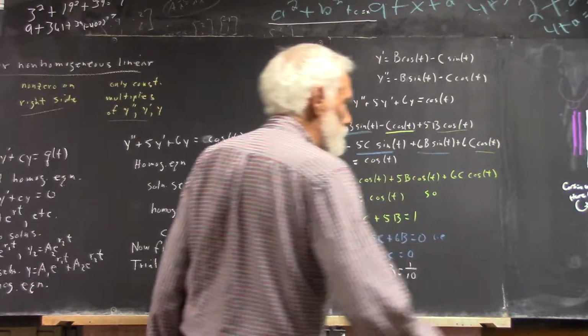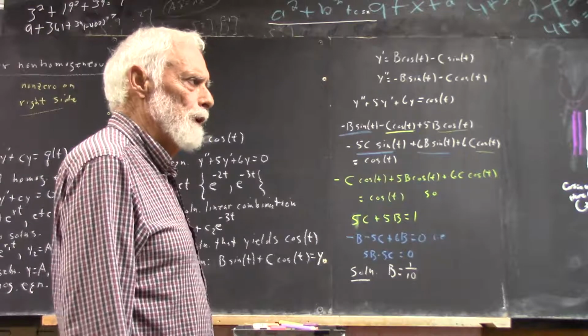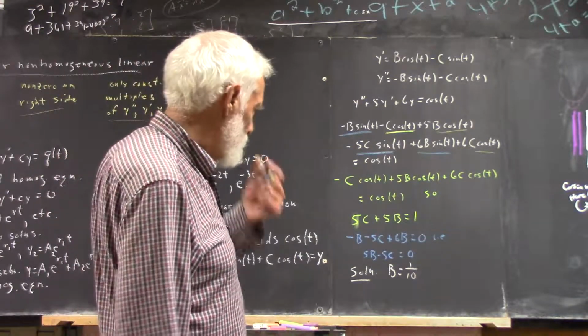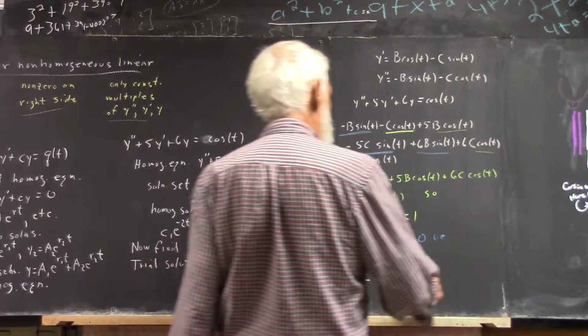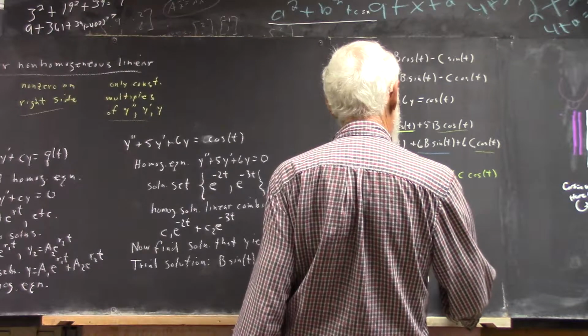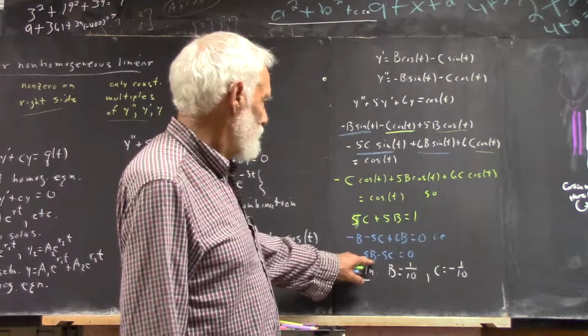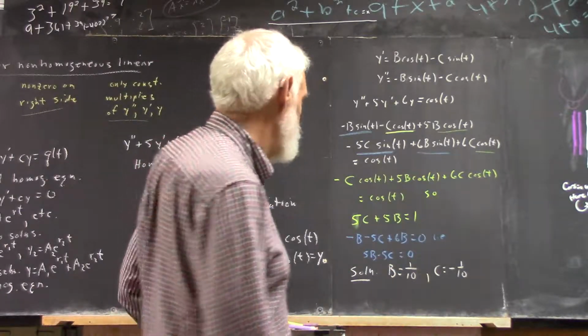And if your prerequisite courses ask you what they were supposed to, which is rare, then you've done plenty of partial fractions, okay? Anyhow, b is 1/10, and c is negative 1/10. And that's because obviously b has to equal c.